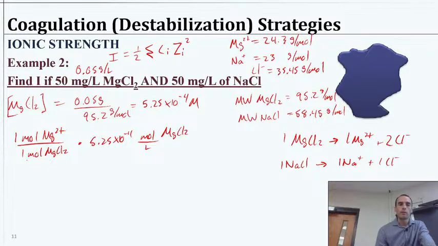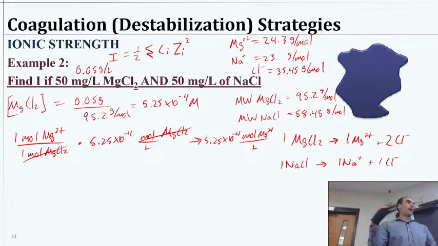This will allow you to cancel these guys and give you 5.25 times 10 to the minus 4th moles of Mg2+ per liter. That's the explicit way of going about this. So follow the units if you need to. I tend to shortcut it myself on that 1-to-1 basis. So I'm elaborating here to make sure that's very clear.